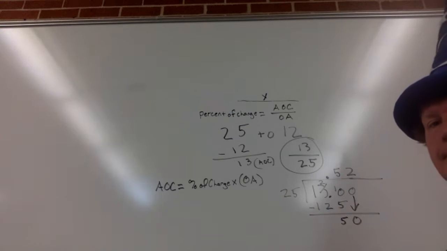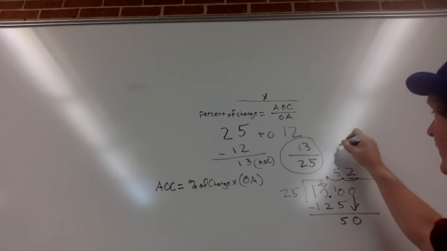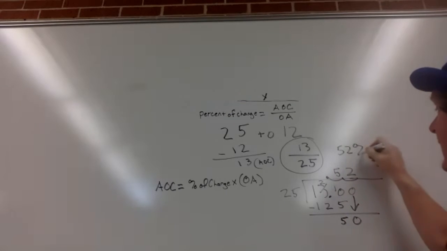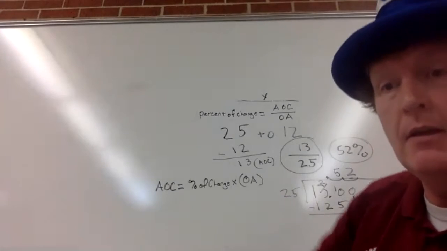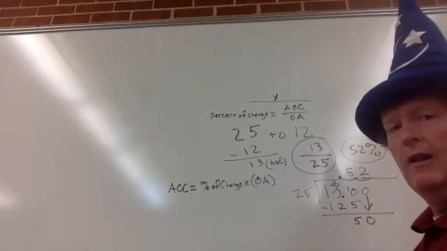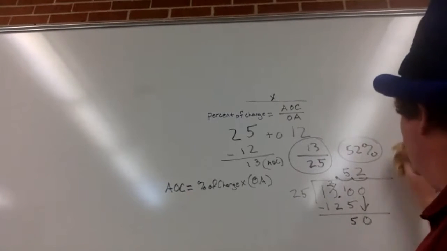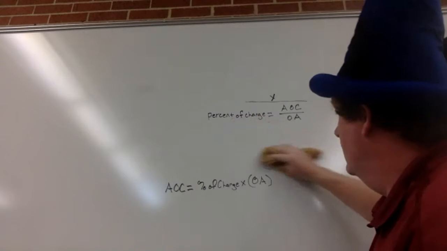What it would be? 52%. Yes, we move our decimal 2 places, and so there's the answer to number 2, 52%. All right, all the questions on this page are like that. Let's do another one here. Okay, 52% for number 2. Number 4.